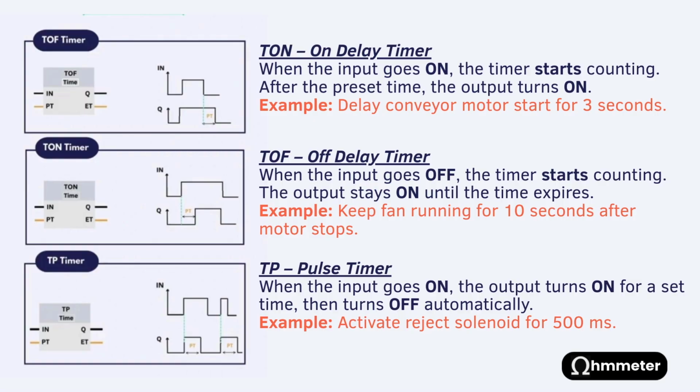In this timer, when the input goes off, the timer starts counting, and the output stays on until the time expires. The last timer that we discuss in this video is TP, or pulse timer. In this one, when the input goes on, the output turns on for a set time and then turns off automatically.